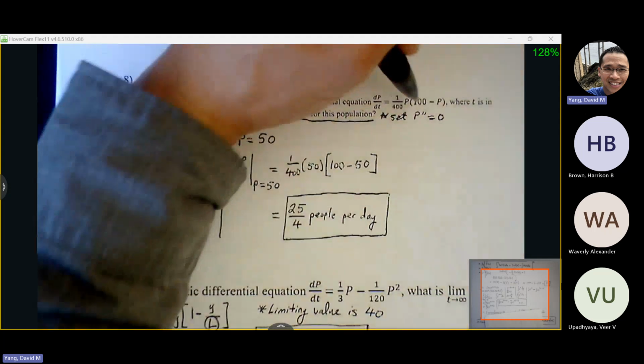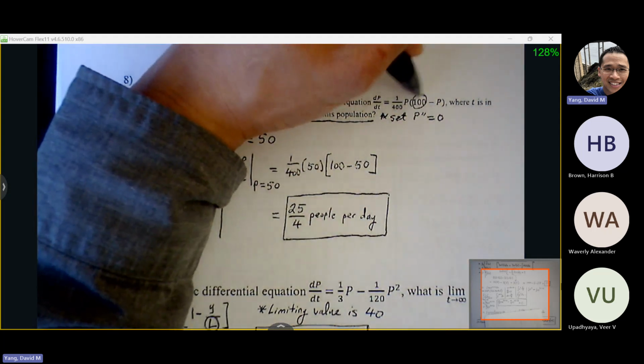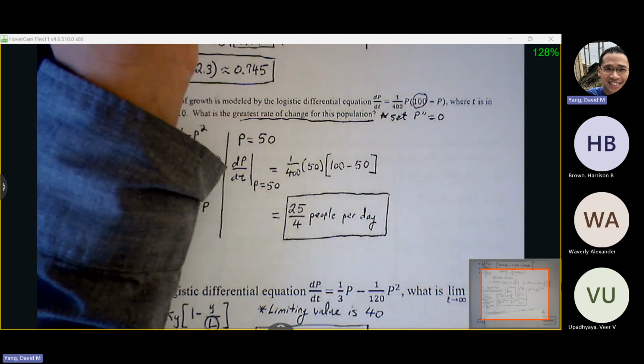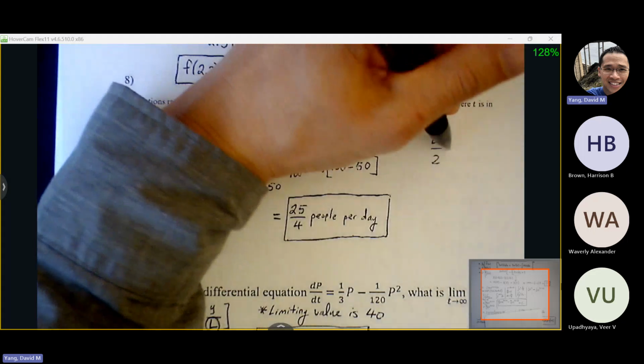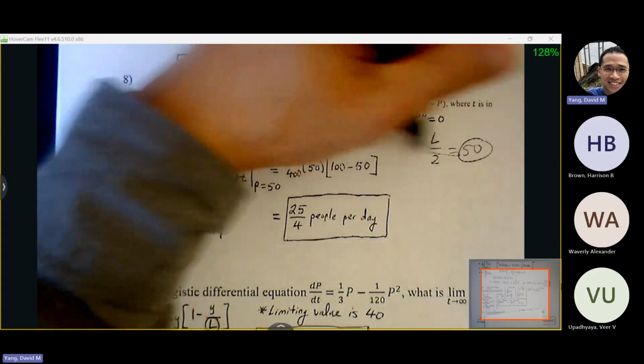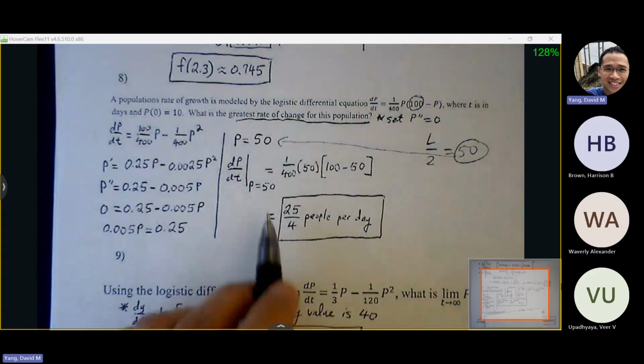Right, yeah. That's once we get that L divided by 2, which is 50. Yeah, that's faster. And then plug that 50 back in.